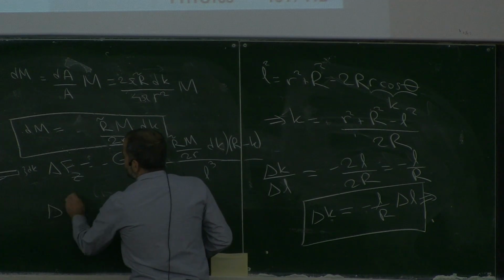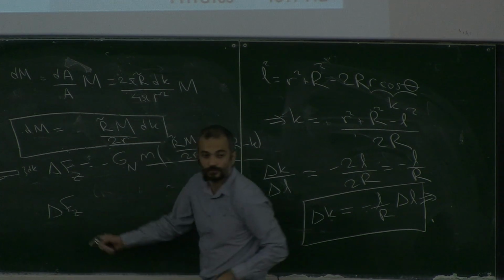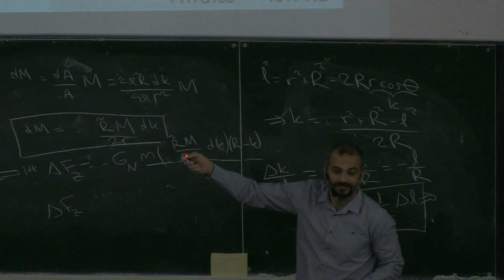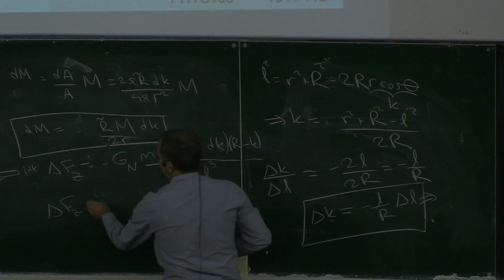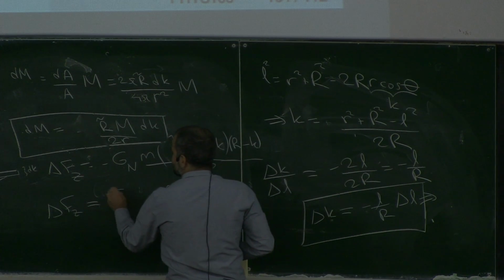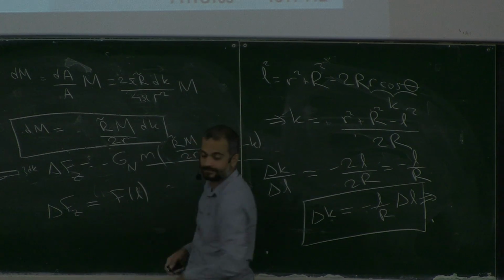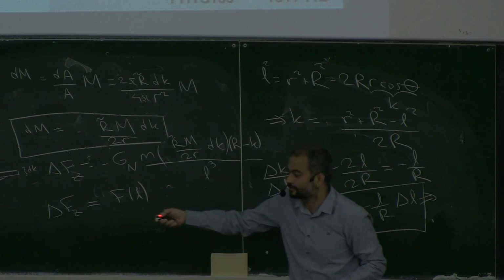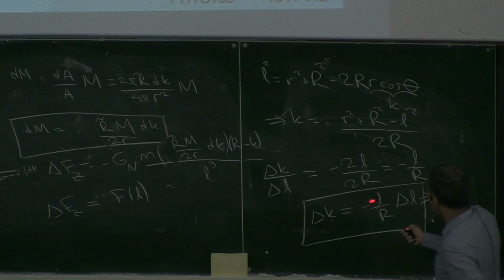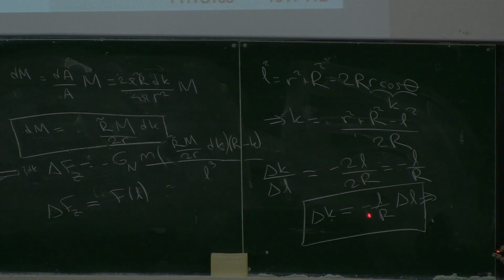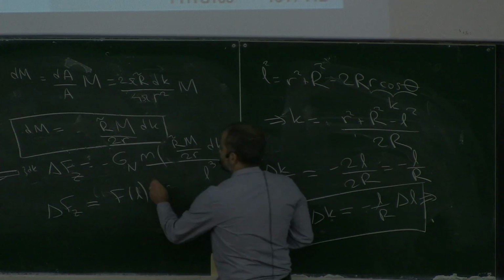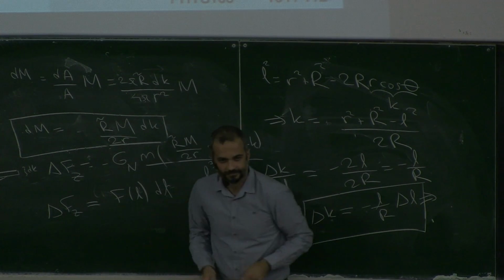Now the force due to this ring turns out to be some function in terms of L. You have all these terms, this delta K, this L over R over here, this dk, R minus K in terms of L, everything multiplied by dl.